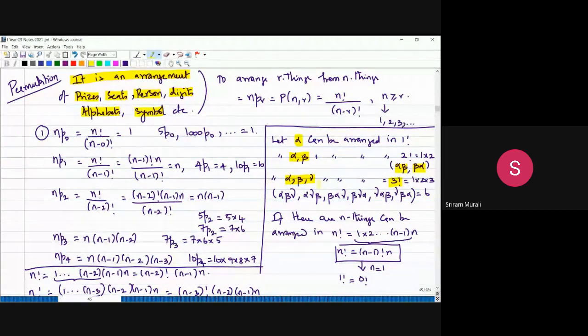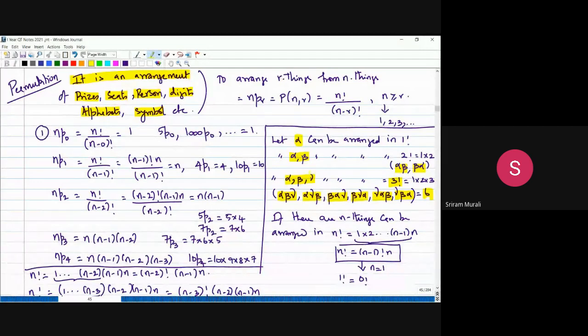First fix alpha, interchange beta and gamma. Fix beta in the first position, interchange alpha and gamma. Fix gamma in the first position, interchange alpha and beta. This can be arranged in 6 ways.